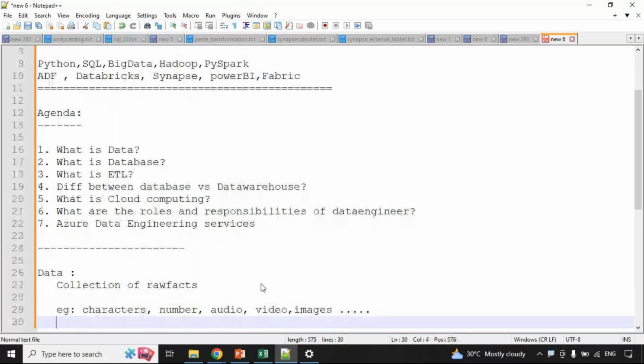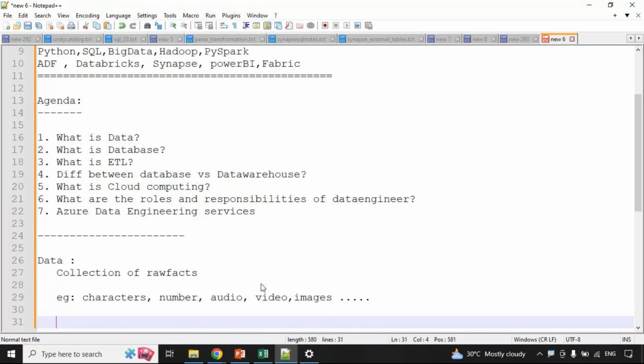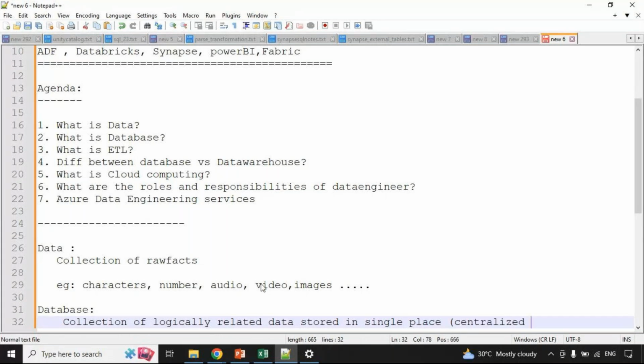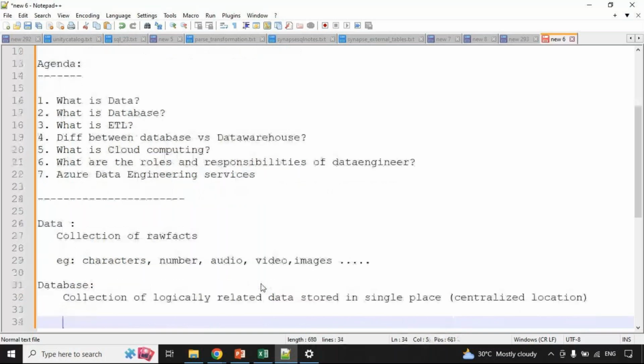A database is a collection of logically related data stored in a single place, which is nothing but a centralized location. A database is a place where you are going to store your data.